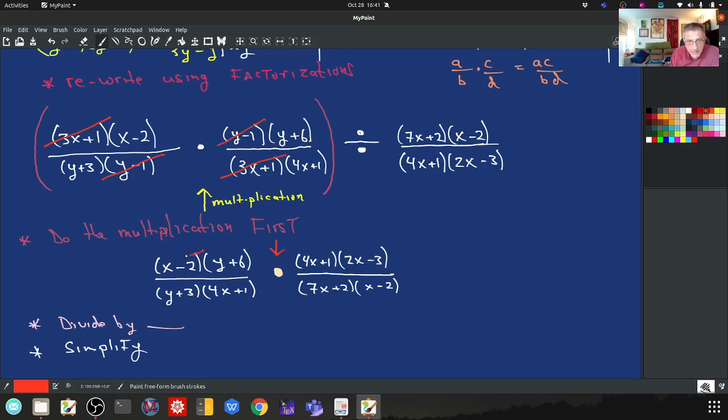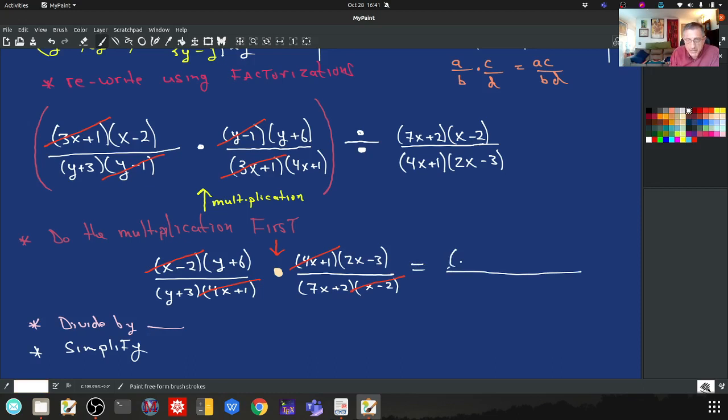So that means the x minus 2 factors cancel. Is there a y plus 6 factor in the denominators? No, it remains. Is there a 4x plus 1 factor down there? Yes, there is. What about a 2x minus 3? There's not.